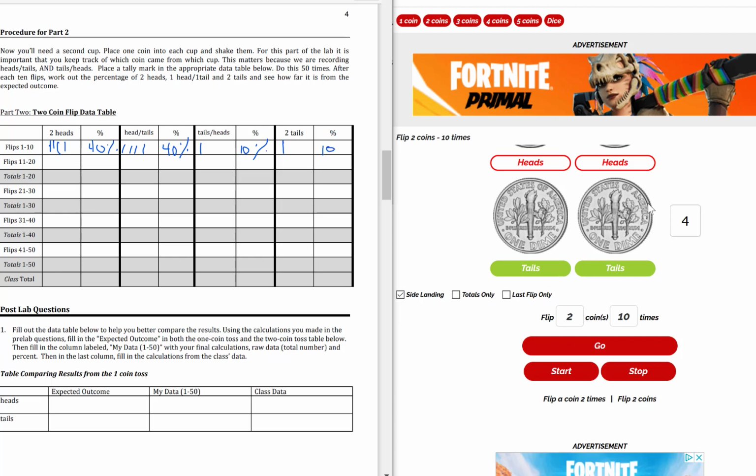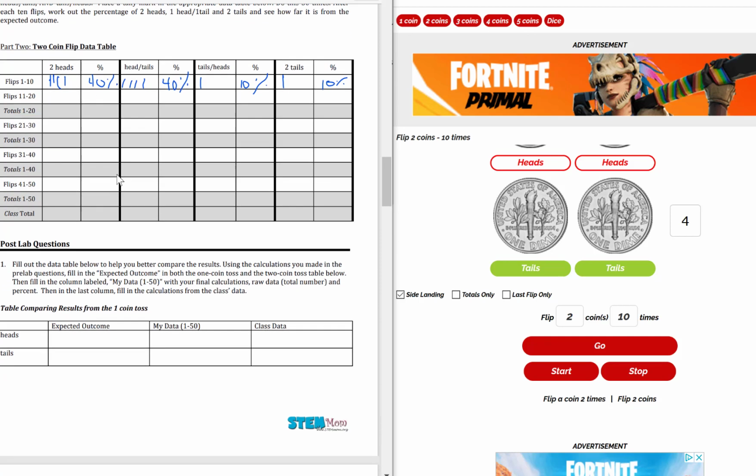And then same here, it would be 10%. Then you would just do it again for the next 10 flips. And then you're going to use the same format as you did before, thinking about it in terms of 20. So if you wanted to do it again for that second row, 11 through 20, you would add these up and divide it by 20 to get the new percentage.